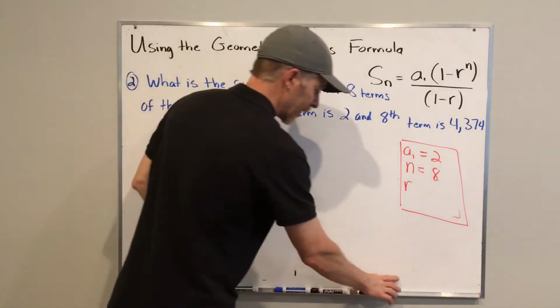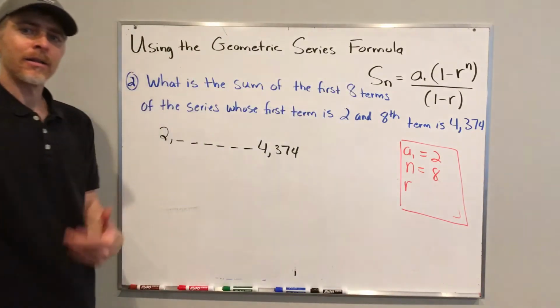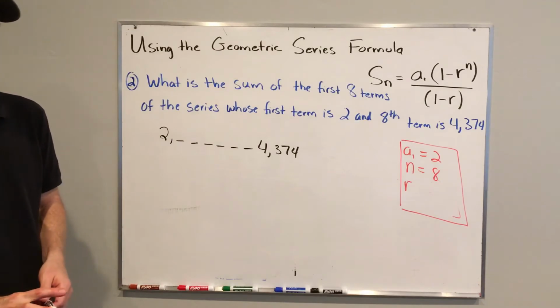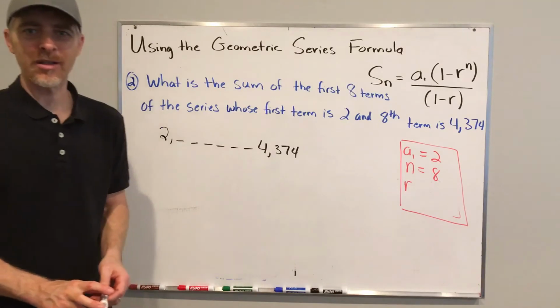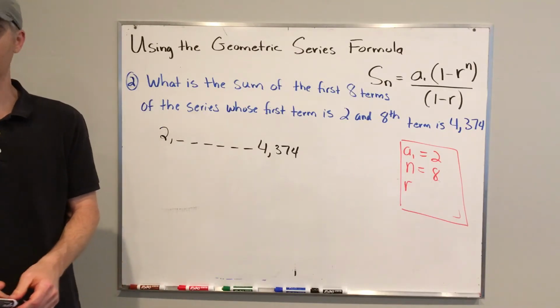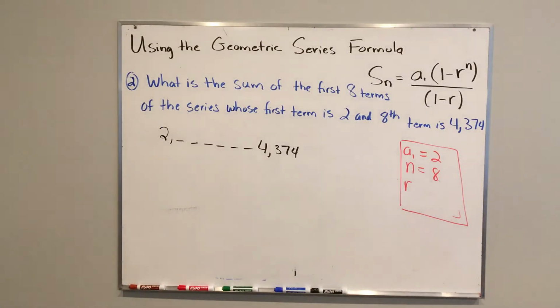Well, what we're going to have to do is go back to a formula we learned a while back. We're going to look at the geometric sequence formula. Do you remember the geometric sequence formula? You write it down here.